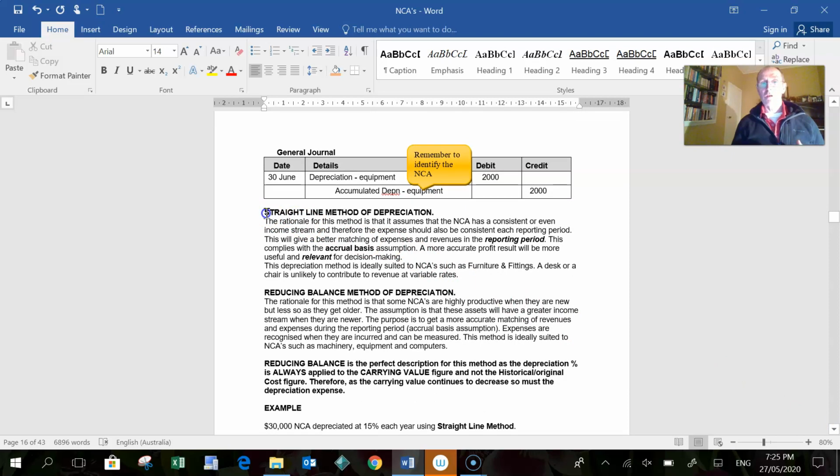So we're going to look at the calculation of straight line versus the calculation of reducing balance. So that's going to be important because that will give you an opportunity to do comparison questions, discuss questions, or impact on accounting reports using one method or the other. All right, so I'll leave that first part here, and I'll pick up the next part on depreciation.